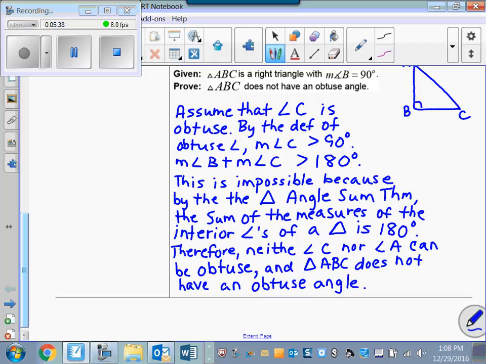So your first word of an indirect proof is going to be assume. You're going to assume the opposite of what you're trying to prove. Then you're going to make your statements that lead you to a contradiction, and then your last statement is going to be whatever it is you were trying to prove.